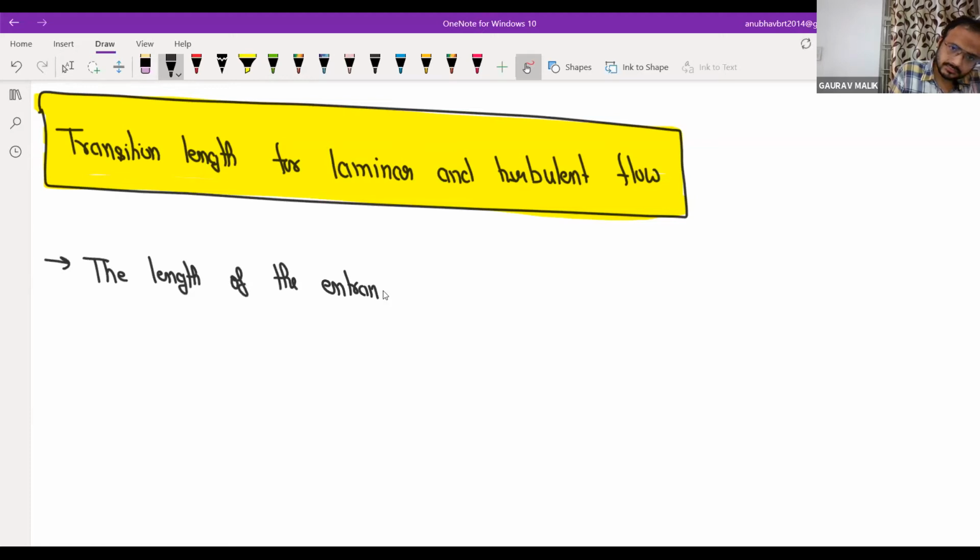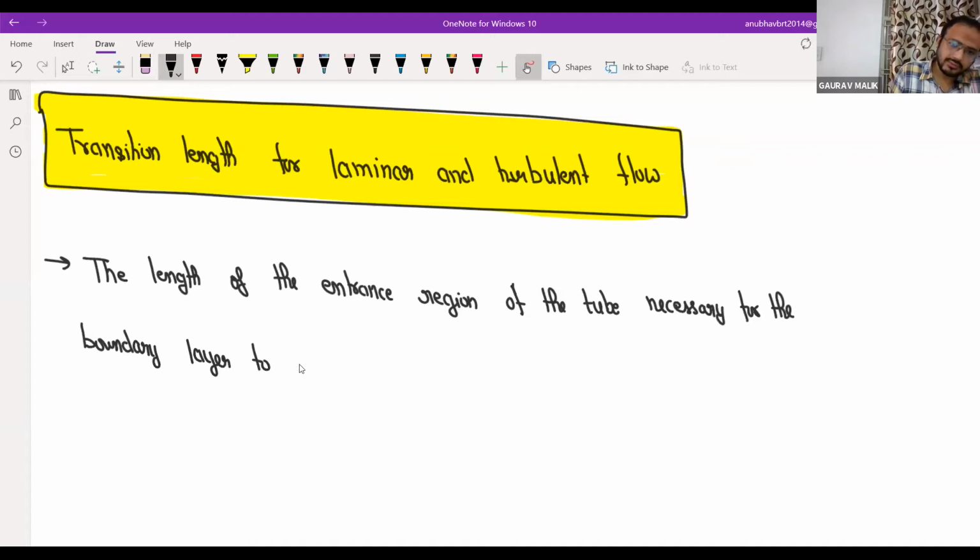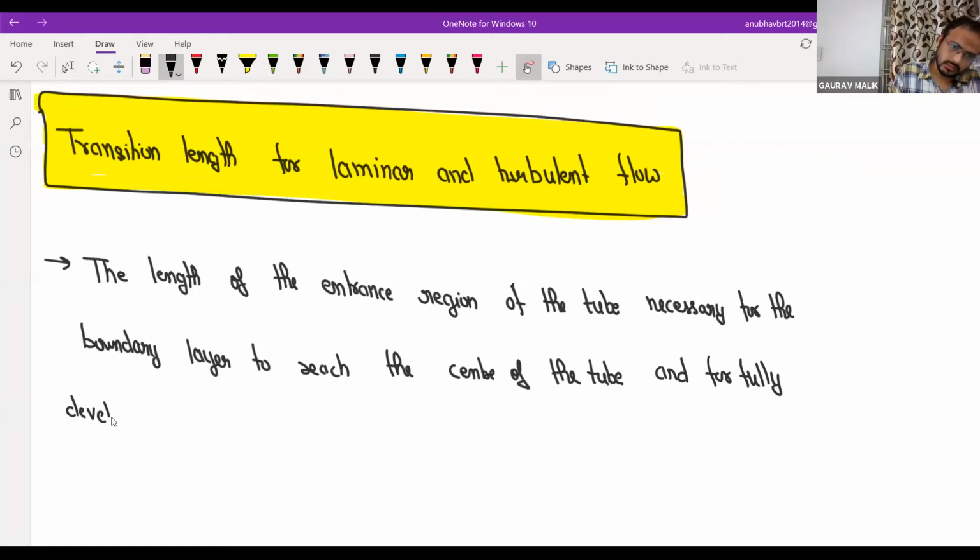The length of the entrance region of the tube necessary for the boundary layer to reach the center of the tube, and for fully developed flow to be established, is called the transition length.